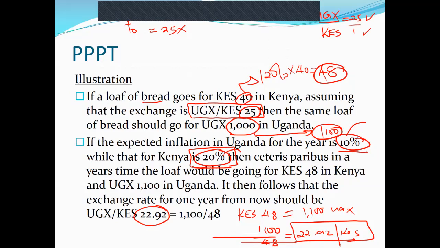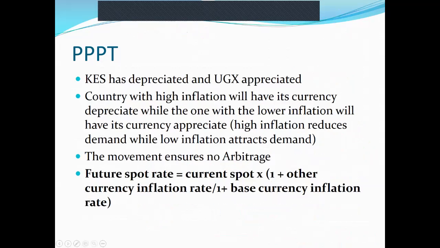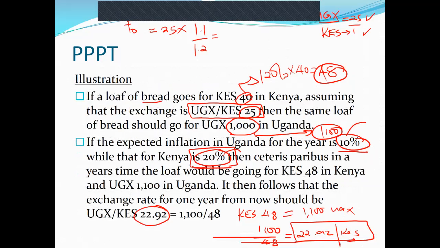The inflation in the price currency, Uganda, is 10%, therefore 1.1, so 1 plus the inflation. We divide by 1 plus the inflation in the base currency, the Kenyan shilling, which is 20%, so we divide by 1.2 and get 22.92.